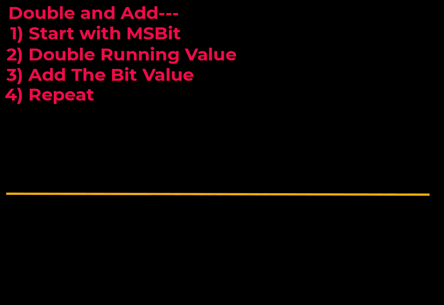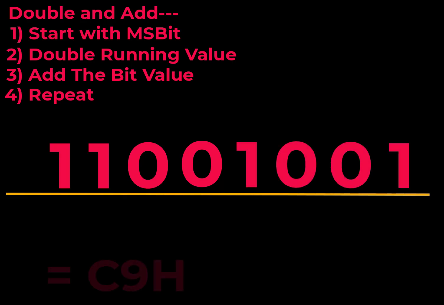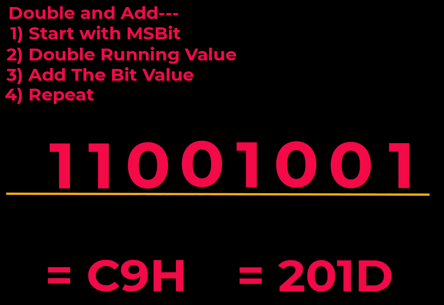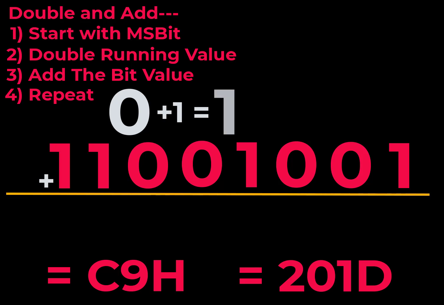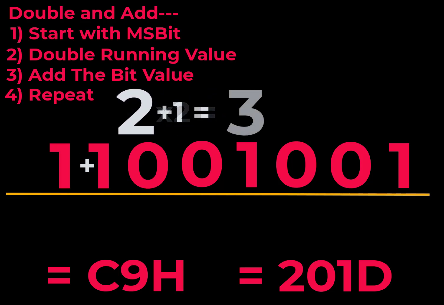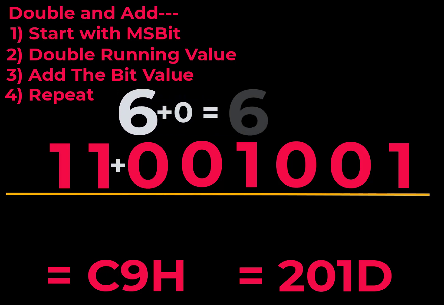Now let's do an 8-bit value. 1100 1001. So that's C9 in hexadecimal, which is going to be 201 in decimal. We start at 0, we add 1 to get 1. We double to 2, add 1 to make 3. Double to 6, add 0, it's still 6.